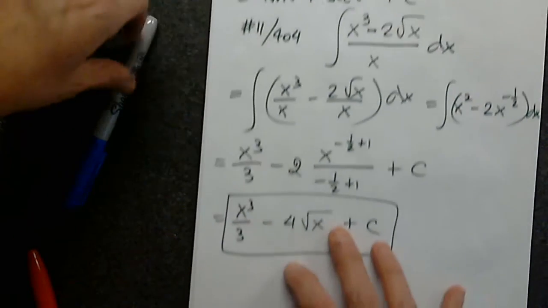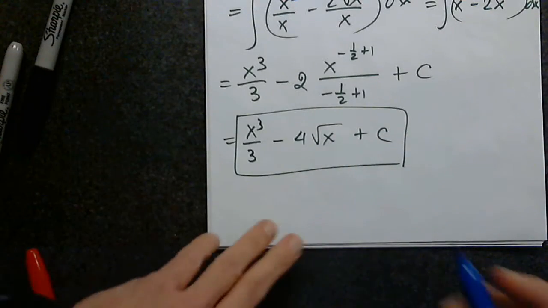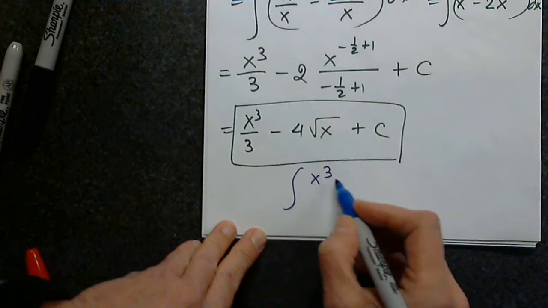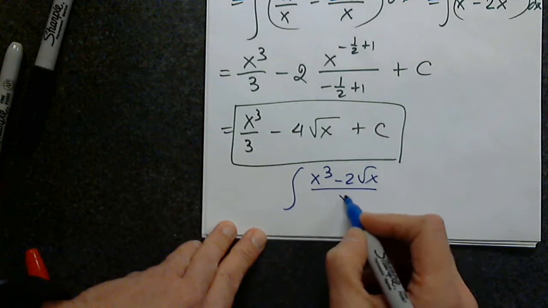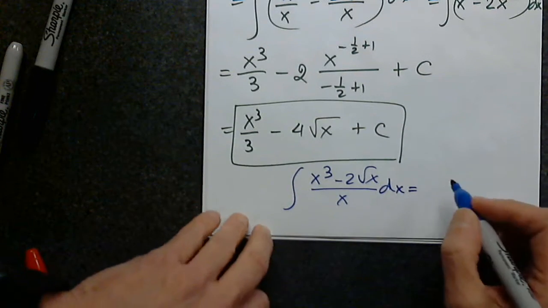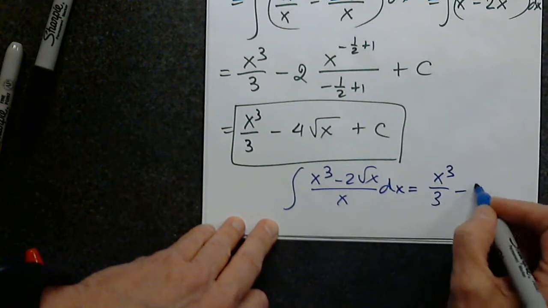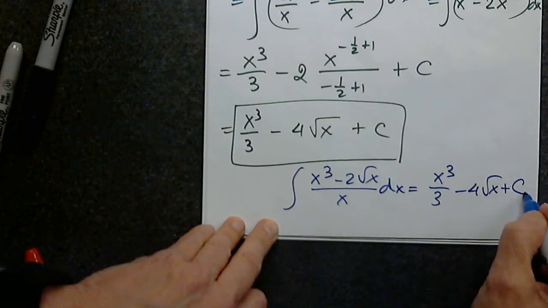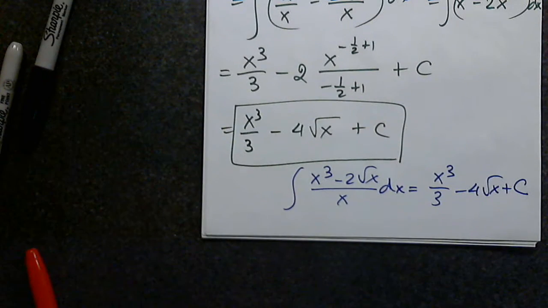Always. So here's what we concluded. We concluded the integral from x to the third minus 2 the square root of x over x dx was x cubed over 3 minus 4 the square root of x plus a constant c. Correct? This is what we came up with. And now I want to talk about the fundamental theorem of calculus part 1.